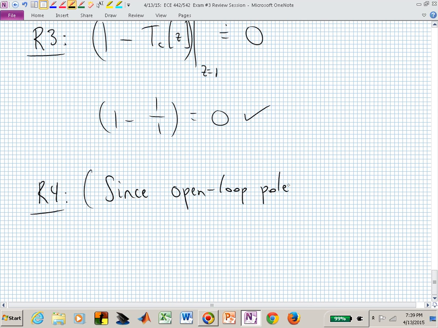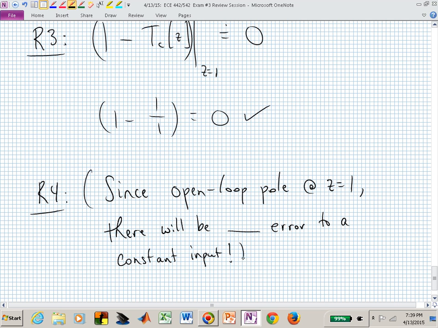We actually had an open loop pole at Z equal 1. And what does that do for us? Can we say anything about the error?